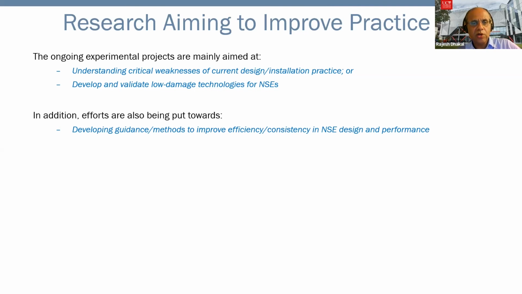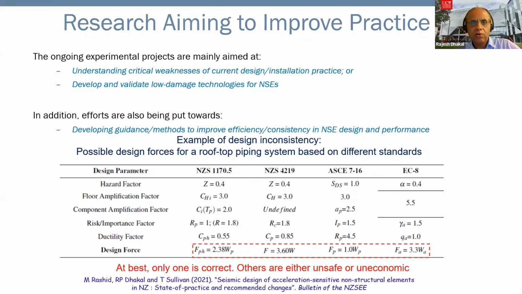But there are also efforts aiming to develop guidance and a methodology framework to improve the efficiency and consistency of non-structural design. Rashid already presented about one such effort, right? You can see the example of design inconsistency here.